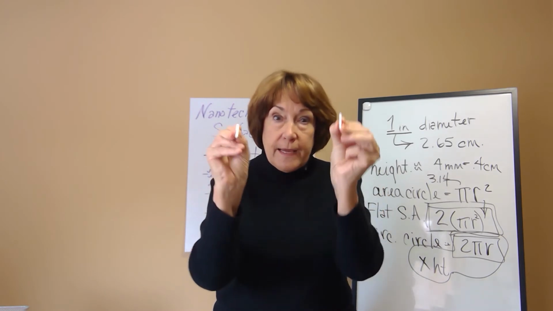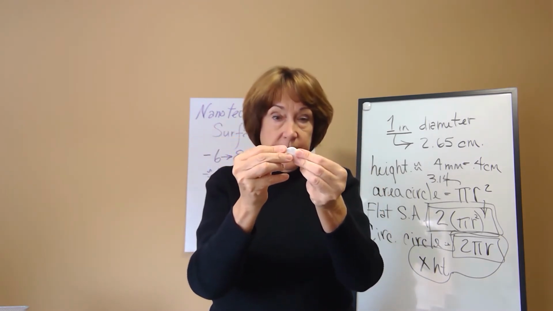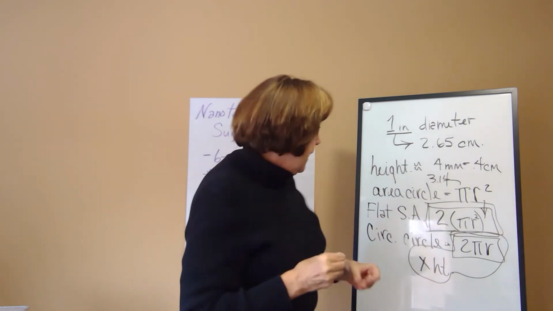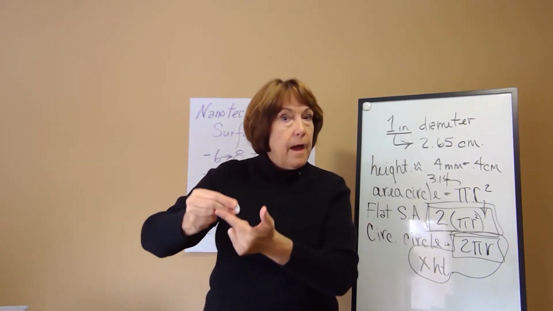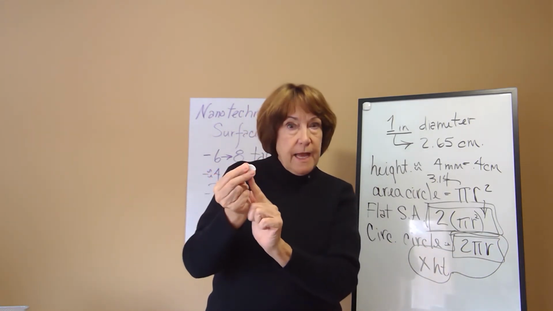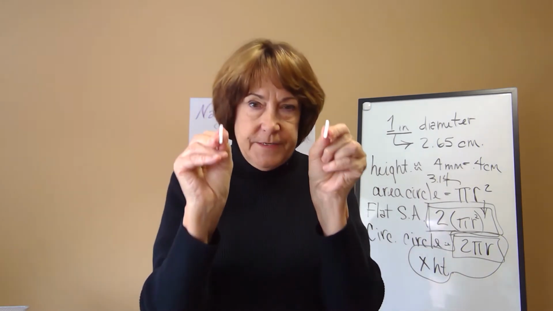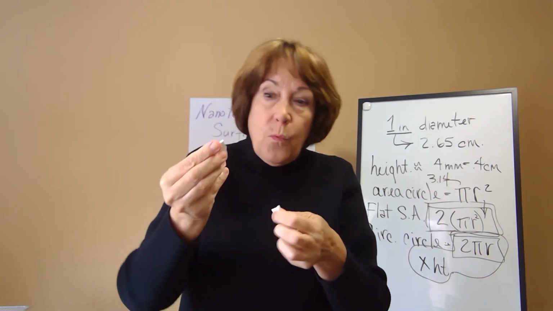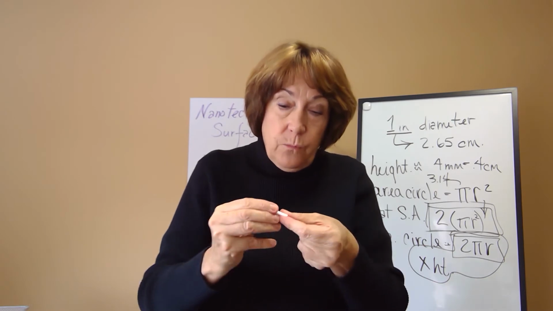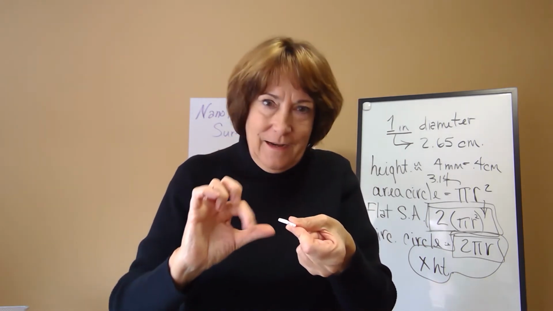So now when I calculate the surface area for these two pieces, I still have the area on the top and the bottom. I still have the area of the outside edge, the circumference, but I've now added additional area here, which is what I want to measure with my ruler: the length of that break times the height that I've measured.